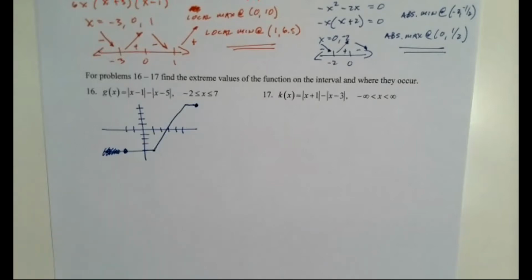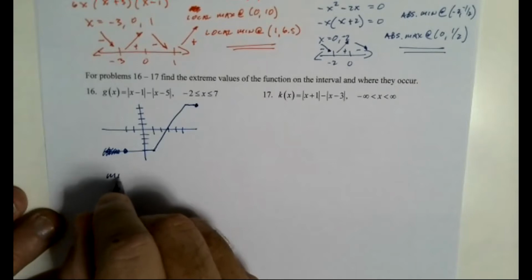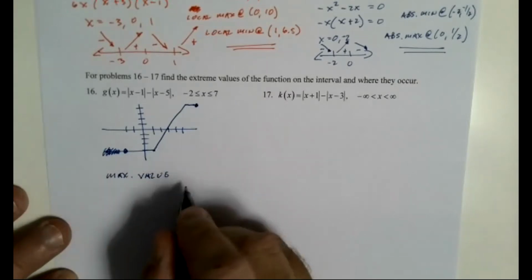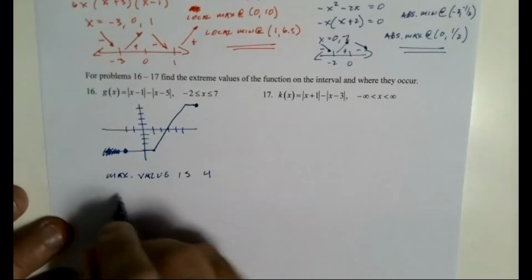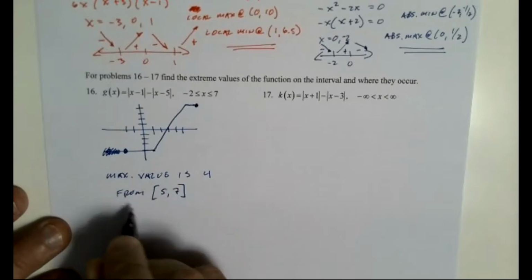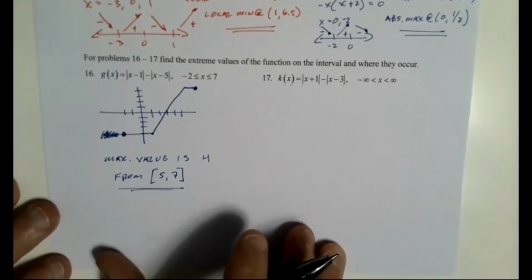So find the extreme values of the function on the interval where they occur. So you got to read that question carefully. Max value is 4 from 5 to 7. By the way, I graphed this on my calculator in case you're wondering where I got all that info from.